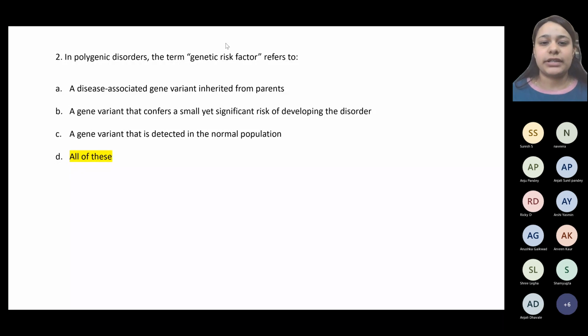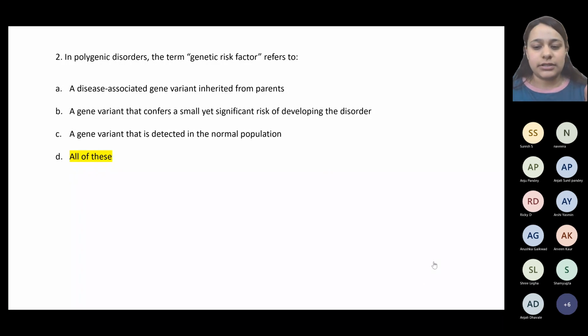Okay, so why is the answer all of these? Because what is a genetic risk factor? It is a kind of genetic variant which, first of all, is present in the normal population, right? What does normal population mean here? Somebody who might not be affected by that particular disease might also have this genetic variation.